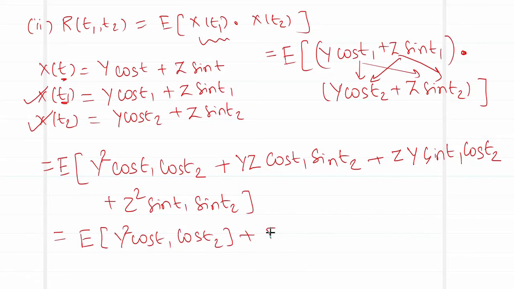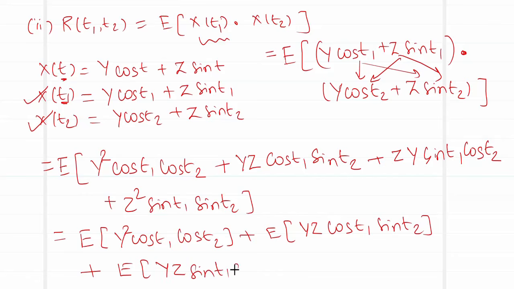So, this will become expected value of y square cos t1 cos t2, expected value of yz cos t1 sin t2, plus expected value of yz sin t1 cos t2, plus expected value of z square sin t1 sin t2. Now, we will have to simplify these 4 expressions.